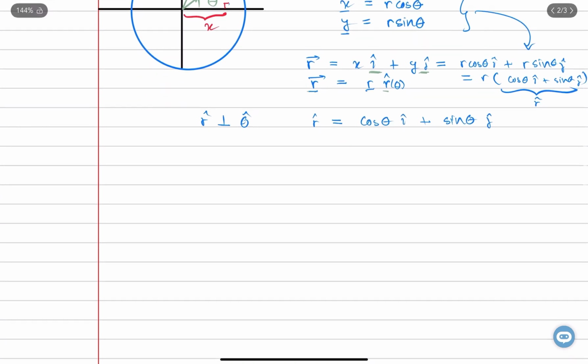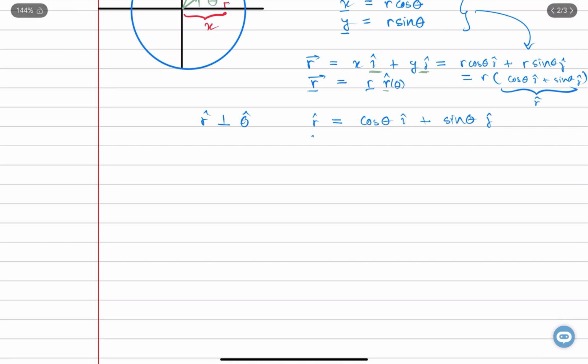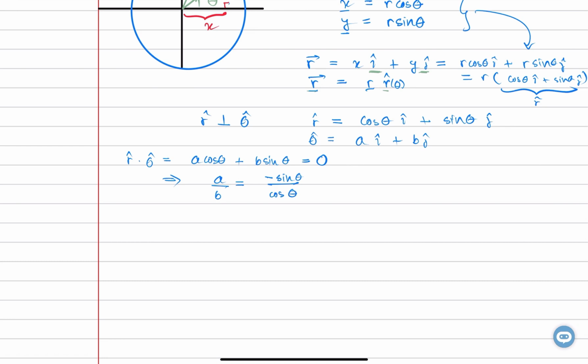So we have r hat described as cos theta i hat plus sine theta j hat, and if theta hat is perpendicular to this, let's call it a i hat plus b j hat, then because these two are perpendicular, we can take the dot product, and we end up with a cos theta plus b sine theta equal to 0. We can rearrange this and get that a divided by b is equal to minus sine theta by cos theta.